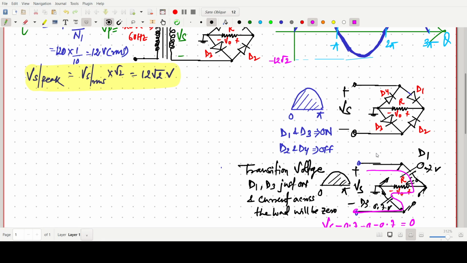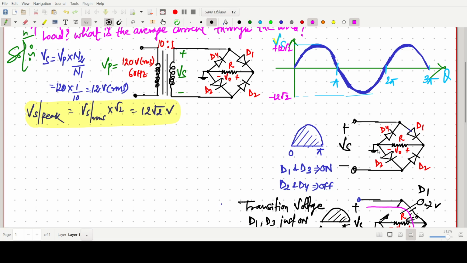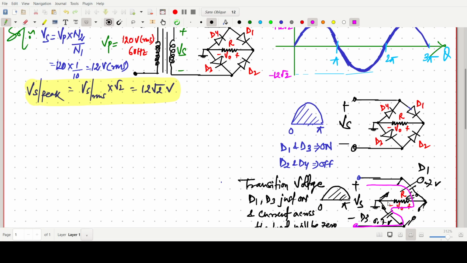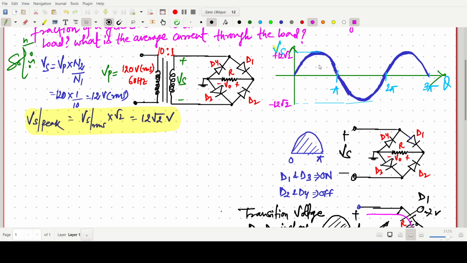So the equation Vs equals 1.4 came, and we have to draw that line of 1.4 volt. After that, for Vs above 1.4 volt, we will get the output.